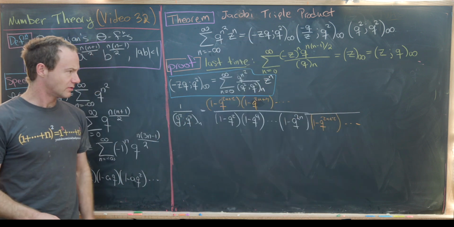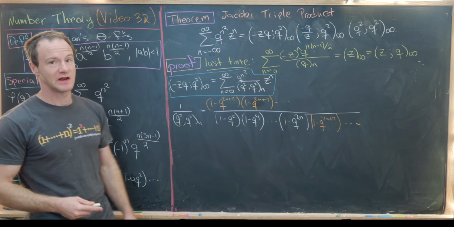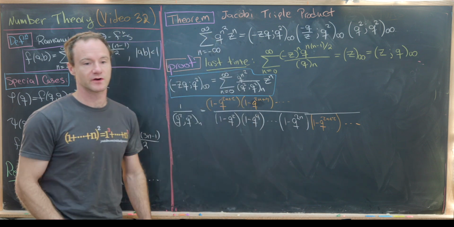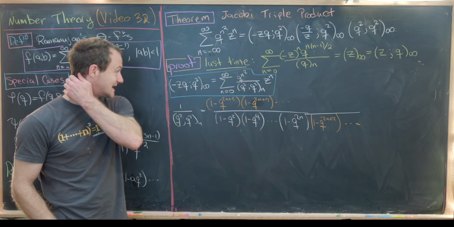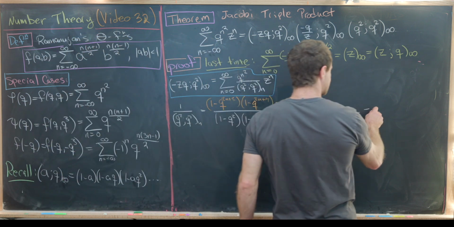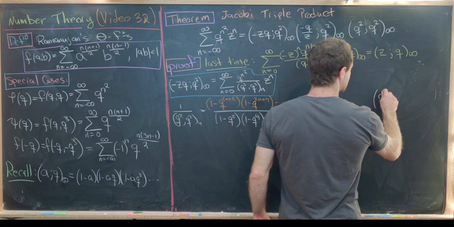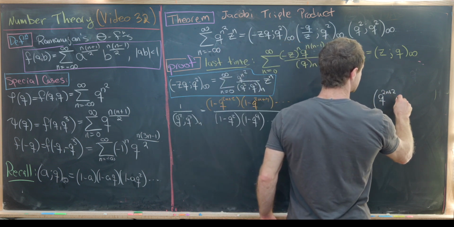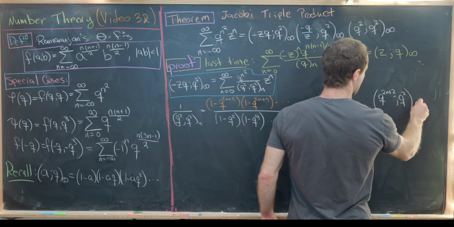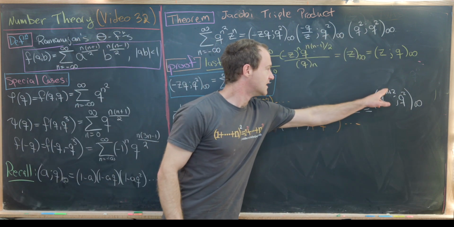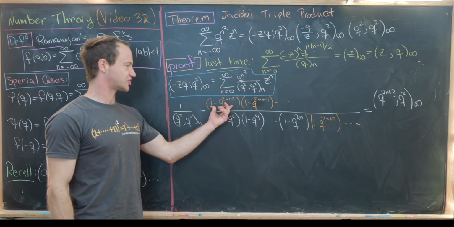So now we can probably rewrite this numerator and the denominator using one of our infinite product notations like we have over here. And in fact, we can do that. So let's notice that this numerator is (q^(2n+2); q squared)_infinity. Now, how do you want to think about this? Well, this thing on the left is like our starting object.